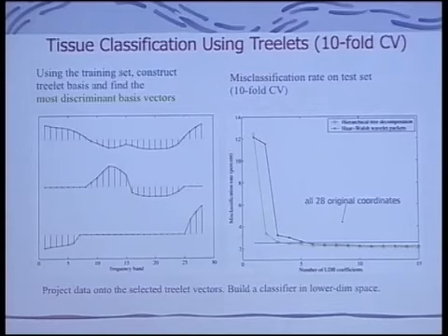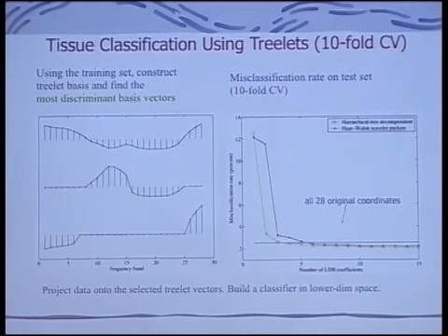OK, so what are we doing when we do this projection? Well, effectively, since we have these waveforms, we're averaging bands that are adjacent because they're correlated, and we're taking differences between two different groups. OK, so now we build a classifier in the lower dimensional space after we projected the data.